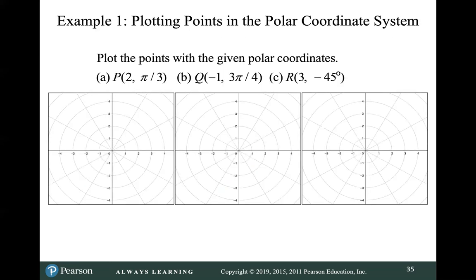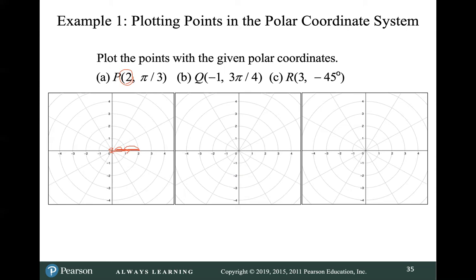Okay, so let's see if we can plot a few points. I always think about this as standing at the origin, which we can now call the pole, and facing out along our polar axis or our positive x-axis. And then I'm going to walk a distance of 2, and then spin that radius around by pi over 3.